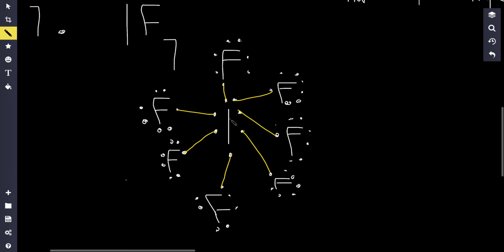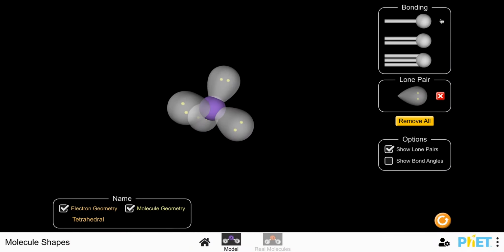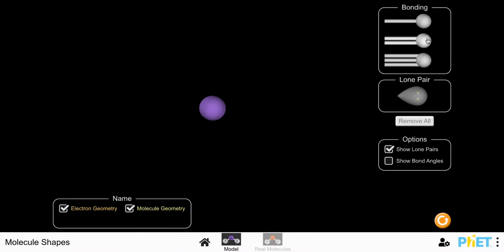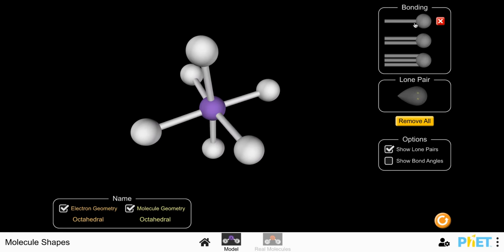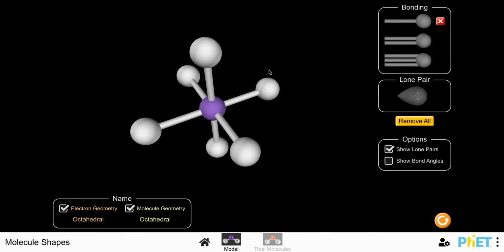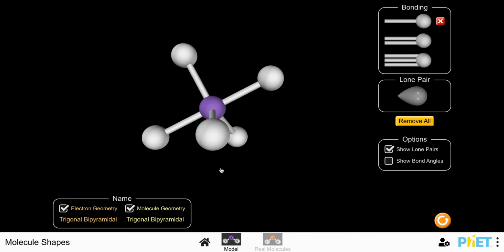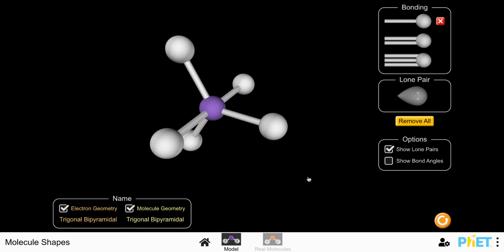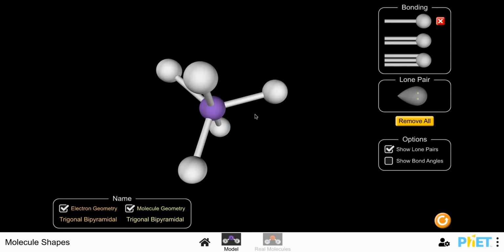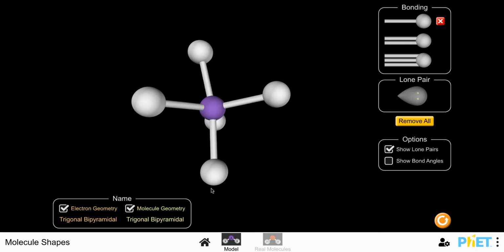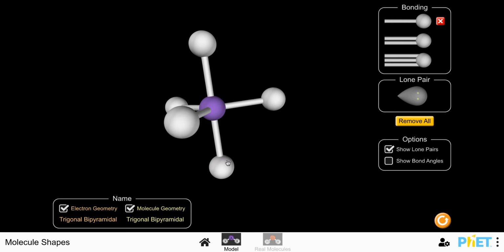Now you might be wondering, how is this going to look in 3 dimensions? My answer is that the maximum that this will get to is an octahedral, a steric number of 6, but I like to imagine it like this. So trigonal bipyramidal, right? You guys know that a trigonal bipyramidal structure looks like this, where you have these 2 atoms on the edge.